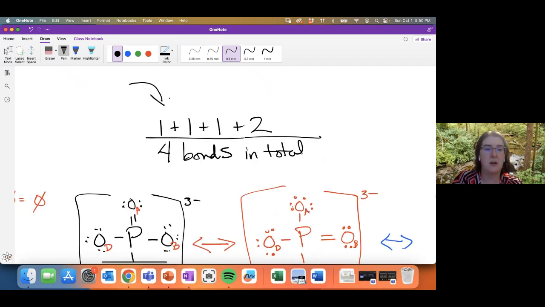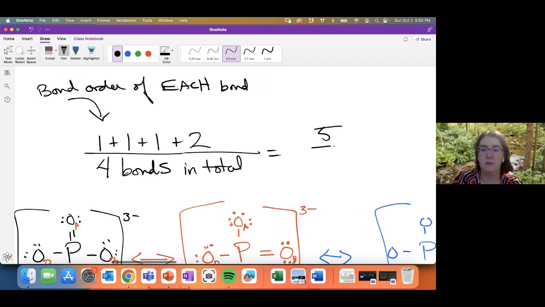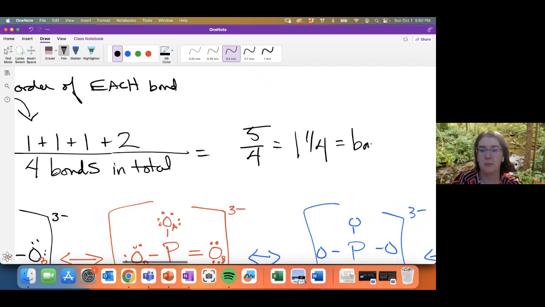So up here is the bond order of each bond. That gets me 5/4, or 1 1/4. And that's the bond order of a phosphorus oxygen bond in phosphate.